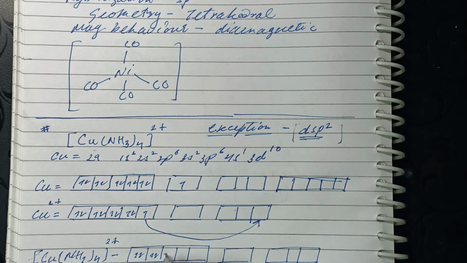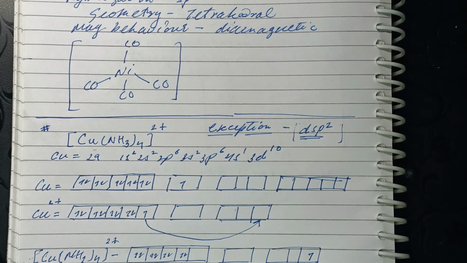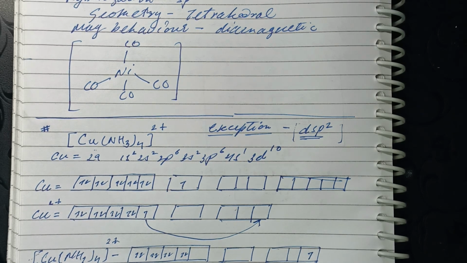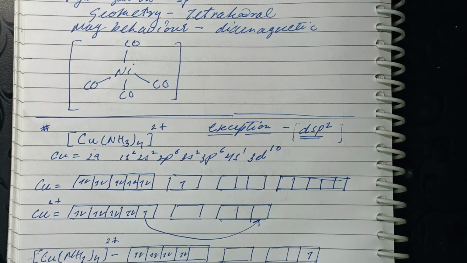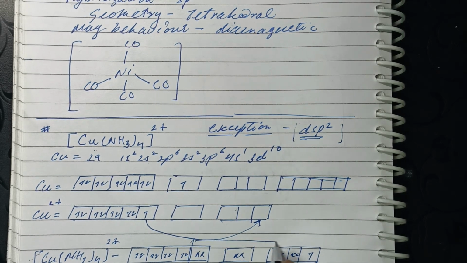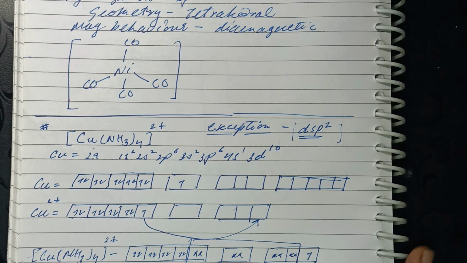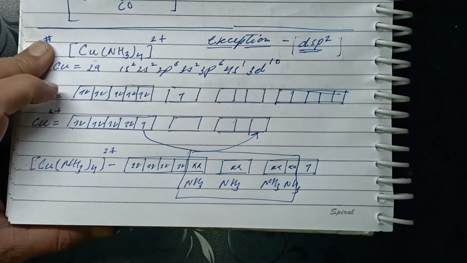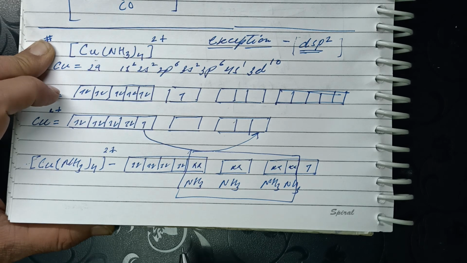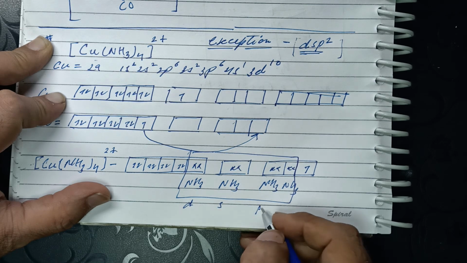3d has 8 electrons, and this is one unpaired electron. The 4 NH3 combine like this, donating their lone pairs, and the hybridization is dsp2.